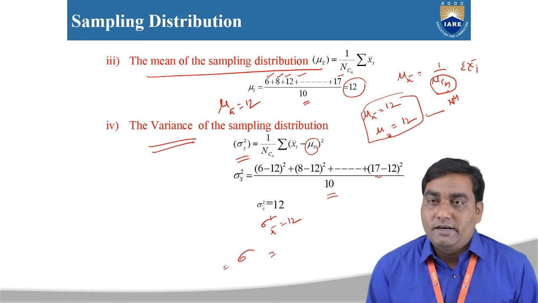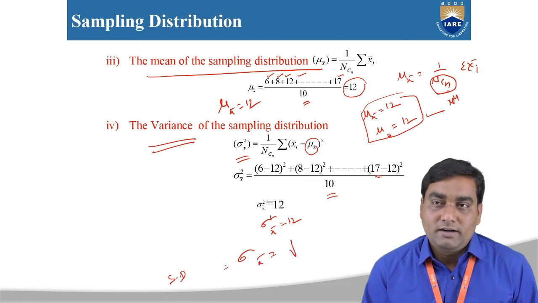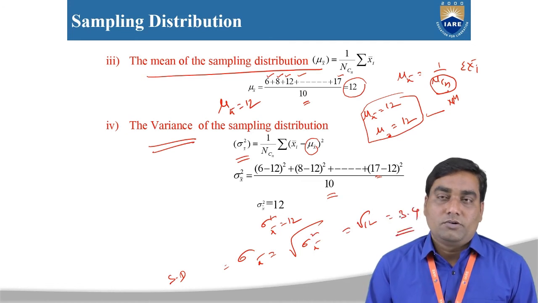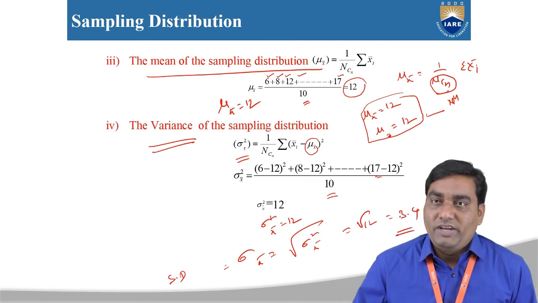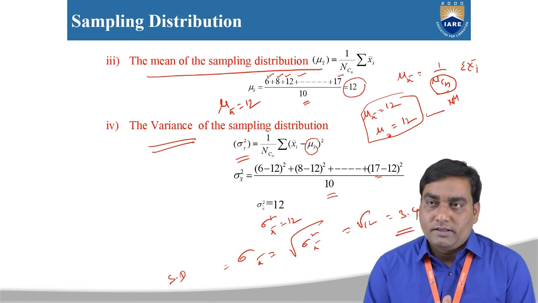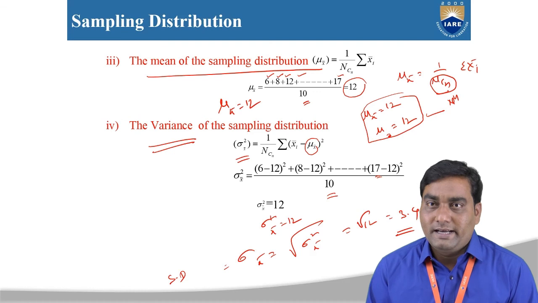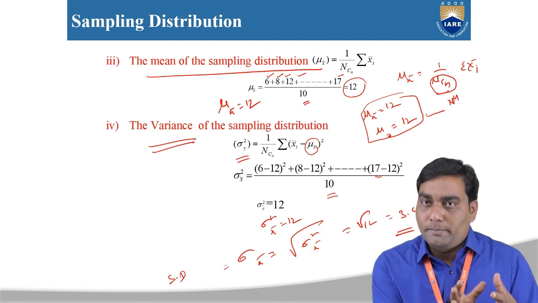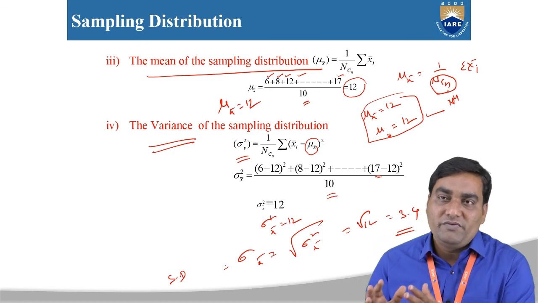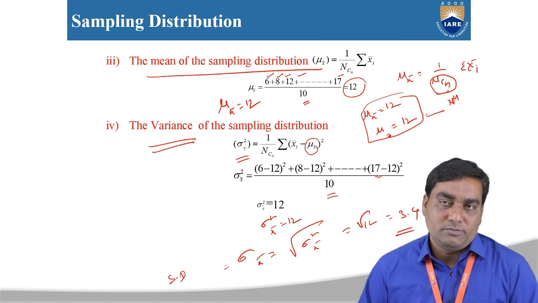Therefore, the standard deviation of the sampling distribution, which is sigma x bar, is the square root of sigma square x bar, root 12, which is 3.4, and so on. So like this, we have to solve the problems on sampling distribution. The main focus here is on the mean, variance and standard deviation of the population, and similarly the mean, variance and standard deviation of the sampling distribution.